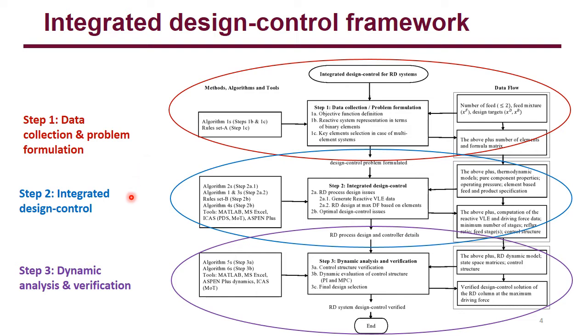In step 3, we verify the control structure determined in step 2, and after that we perform the dynamic simulation under both PI and NPC controllers. And at the end, we determine all the objective function parameters, and based on the parameter values, we select a final design.